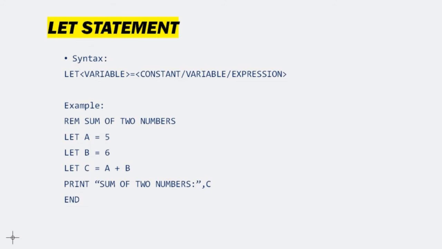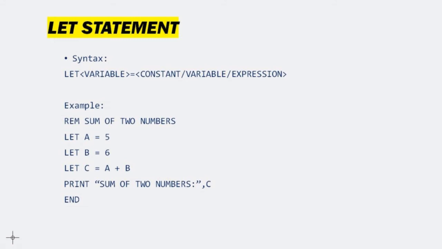Example. REM sum of two numbers. LET A = 5, LET B = 6, LET C = A + B. PRINT "Sum of two numbers:", C. END.